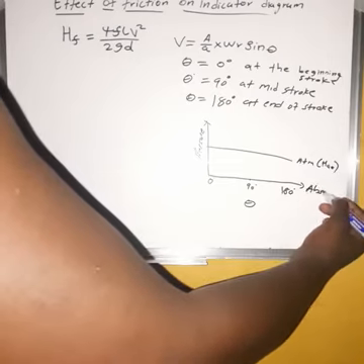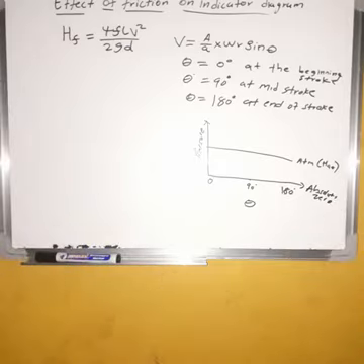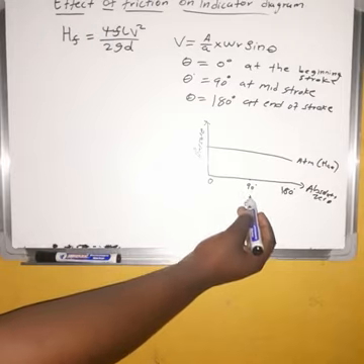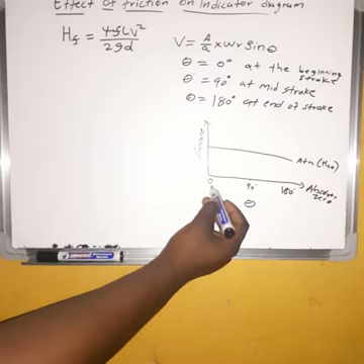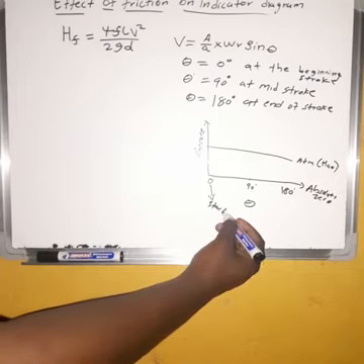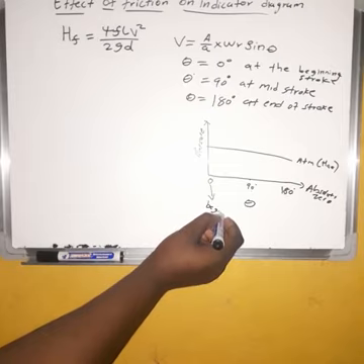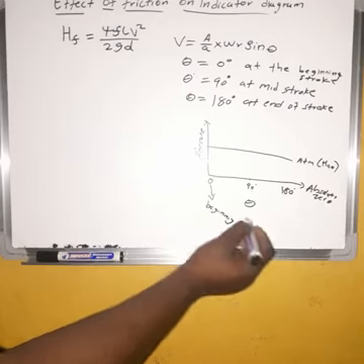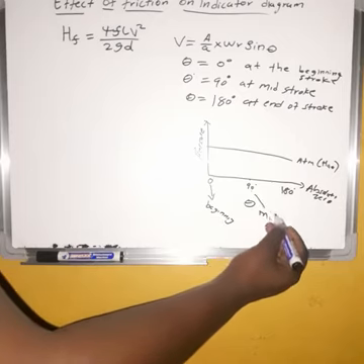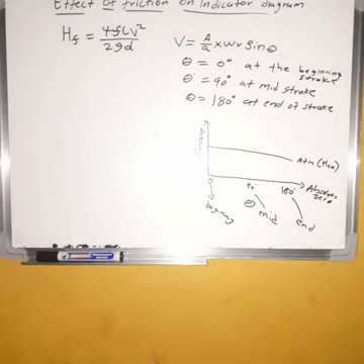This is absolute 0. This theta at the start is the beginning, this one is the mid, and this one is the end of the stroke. Hope you understand this.